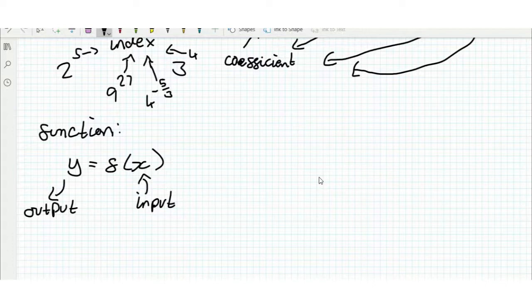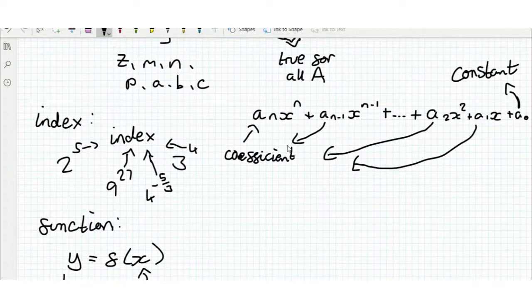Just check if I've missed anything. No, I think that's most of the terms they want you to be familiar with. I'm sure a few more will pop up during the year. These ones come up commonly, so you want to know what they are, because it'd be the worst thing if some question asks, find the x to the power of 5 coefficient, and you don't know what the coefficient means, even though that's quite an easy question. You just look for, say you had an expression and it had a plus 4x to the 5.